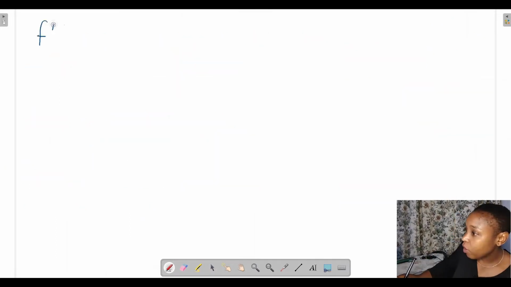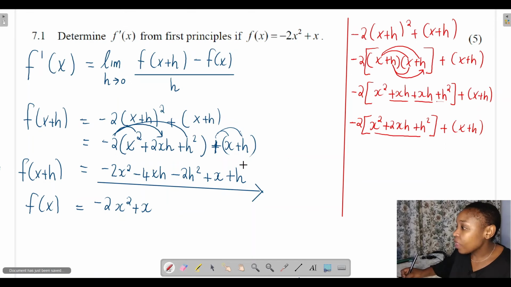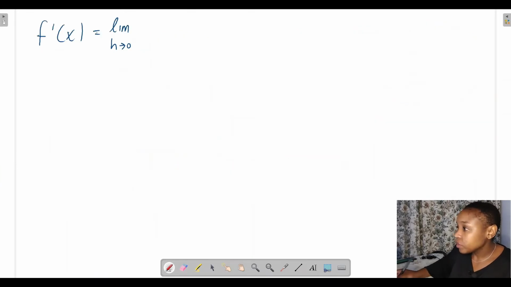So f prime of x, right, is equal to the limit as h approaches 0. Okay, so like I said, we're going to substitute the value for f of x plus h, and we found that f of x plus h is equal to that value there. So it's minus 2x squared minus 4xh minus 2h squared plus x plus h, right?